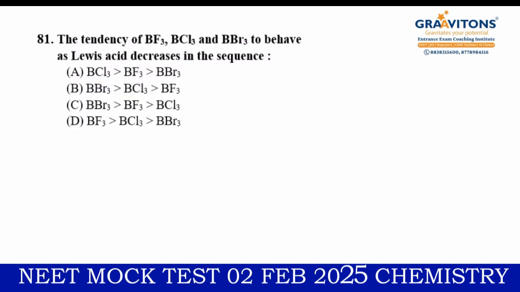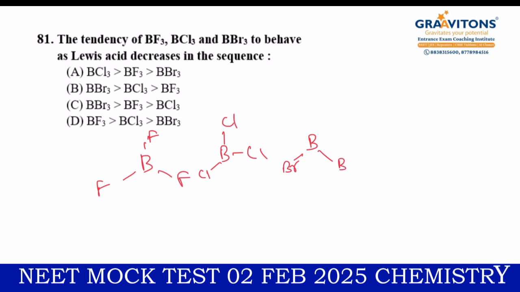Question number 81. The tendency of BF3, BCl3 and BBr3 to behave as a Lewis acid decreases in the sequence. First, let us draw the structure of BF3, BCl3 and BBr3. All of course have sp2 hybridization with trigonal planar shape. But if you check the surrounding atoms, they are different.